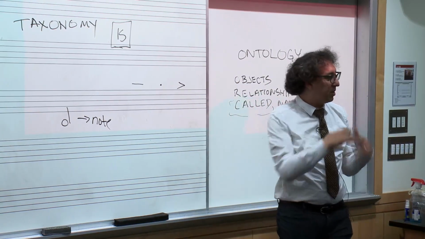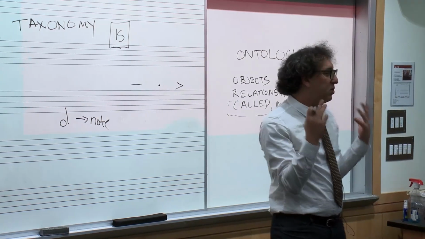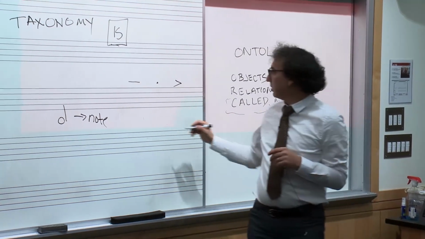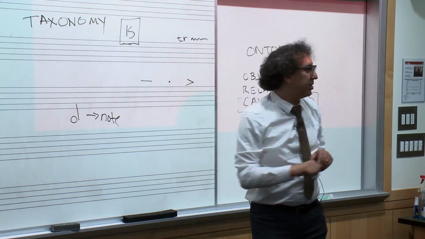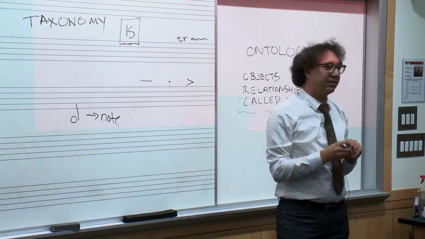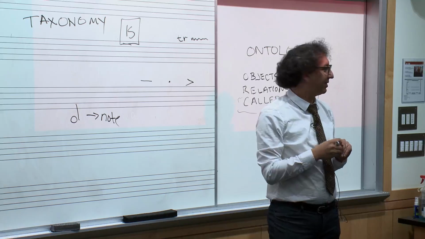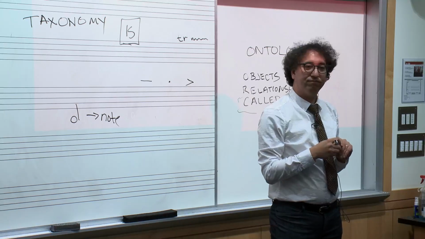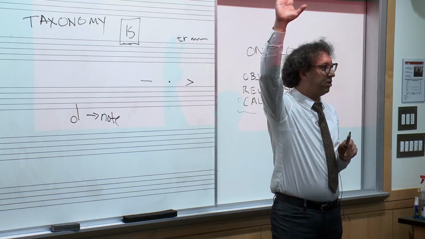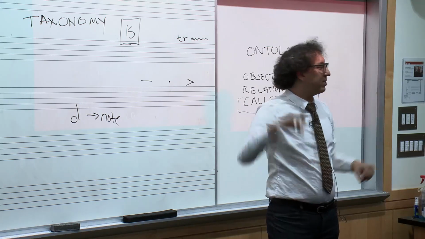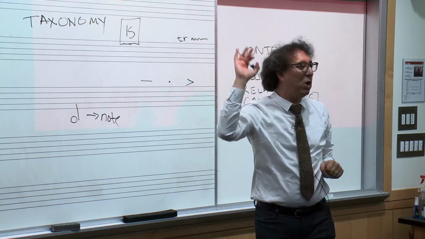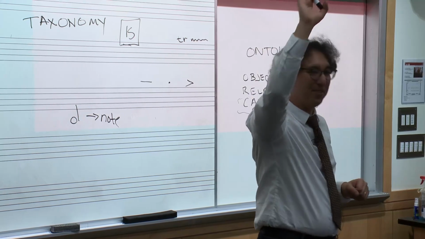Sometimes with your own representations, you might think of, for instance, is trill an articulation? Who votes yes? Who votes no? Who votes, I have never thought about this and I hope I never have to think about this again in my life? Okay, good.